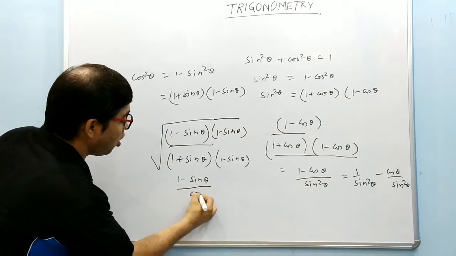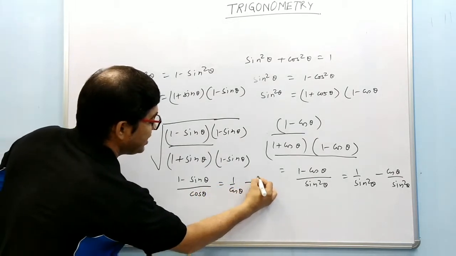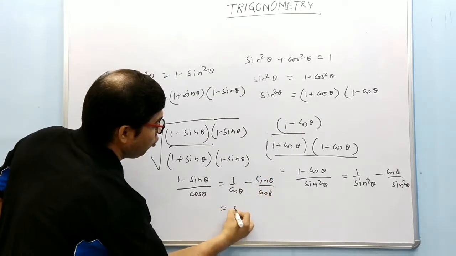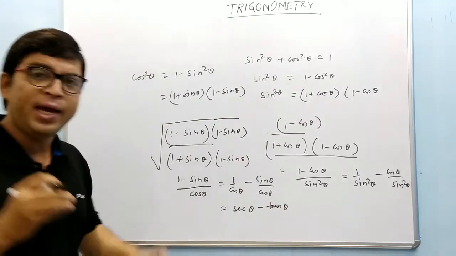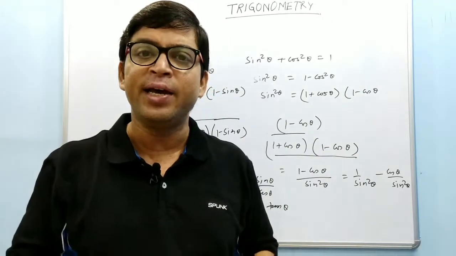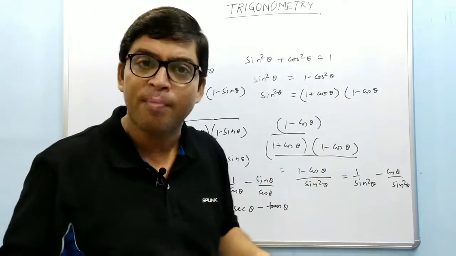So it is cos theta. We can just write 1 by cos theta minus sine theta by cos theta. That is coming out to be sec theta minus tan theta. So we can prove the things very easily once we master using the formula perfectly.